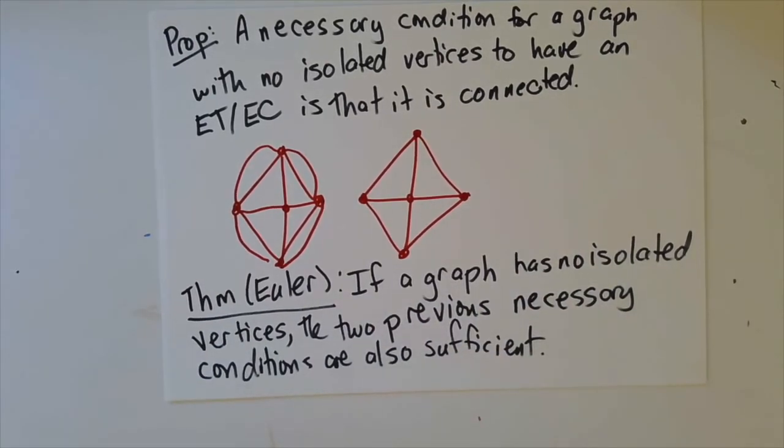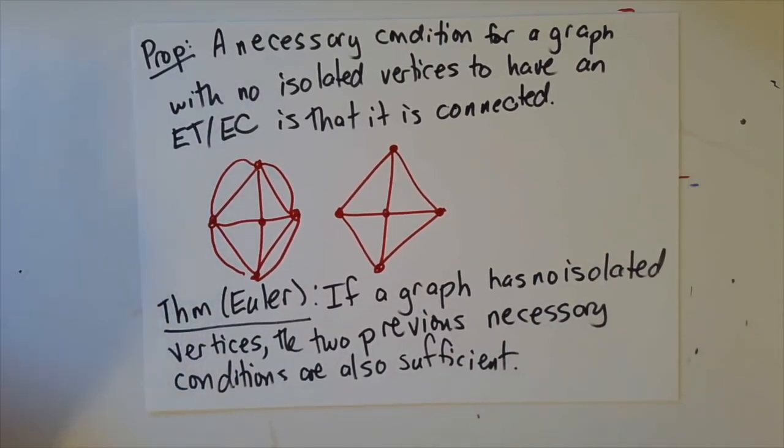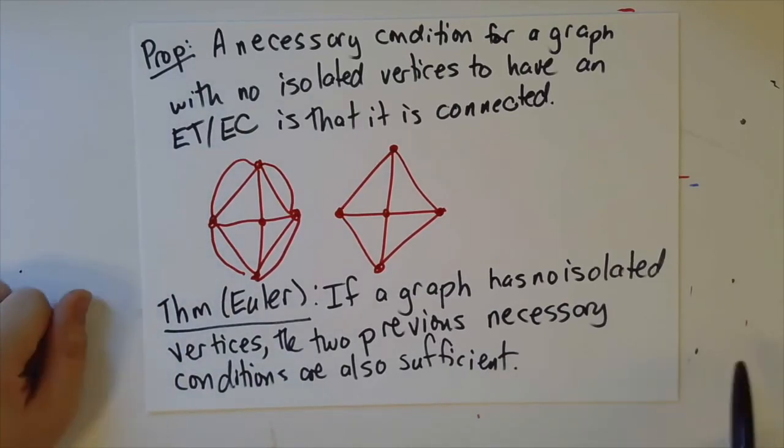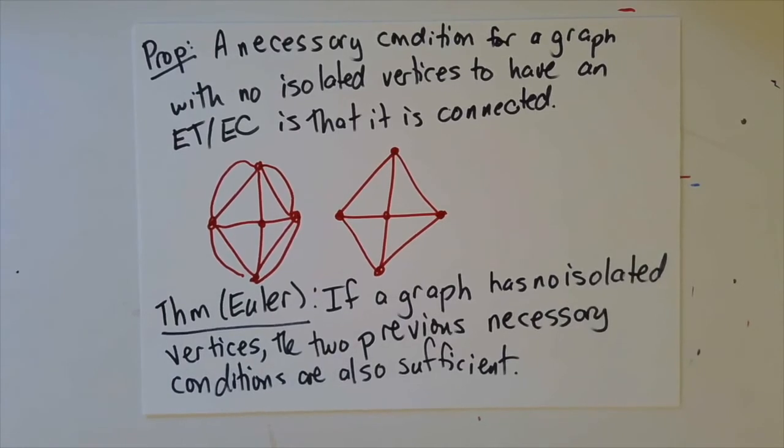And if you think about it, what this tells you is that if you have a graph with no isolated vertices, and the graph is connected, and it has exactly 2 vertices of odd degree, then there is an Eulerian trail that starts at one of those vertices and ends at the other.